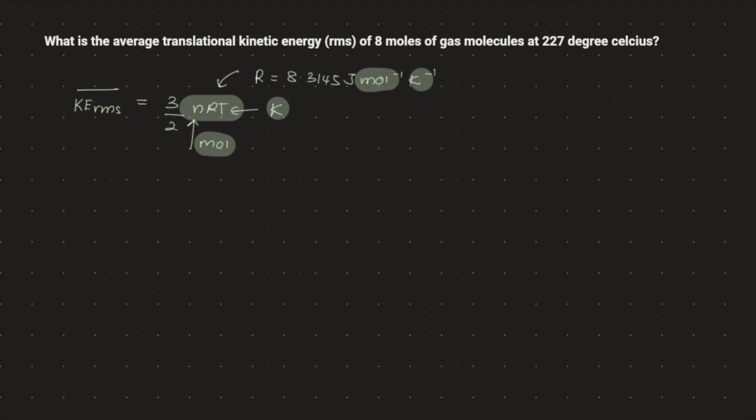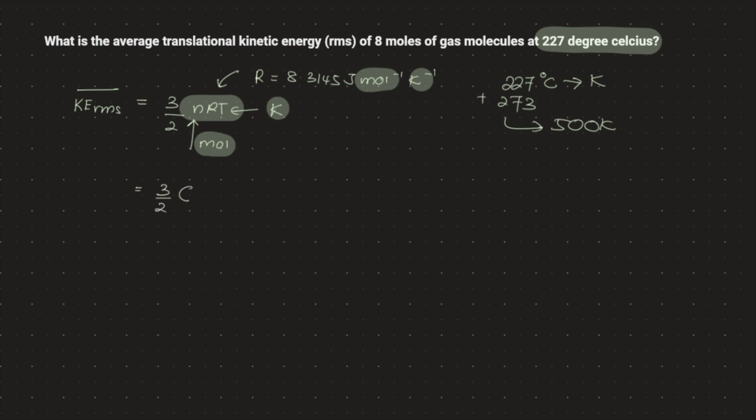Right? If we look at the question here, the temperature given to you is in degrees Celsius. So 227 degrees Celsius, you want to convert to Kelvin, you need to plus 273. Therefore, you will get 500 Kelvin. Now what we are going to do is just plug in the value.